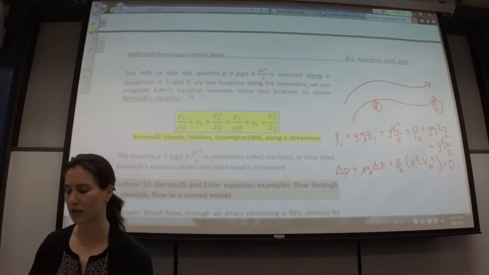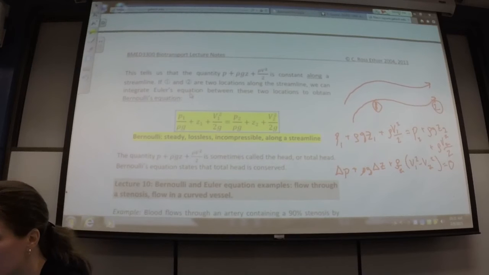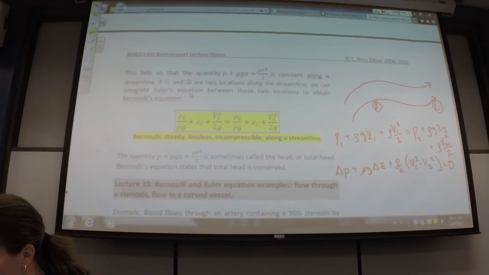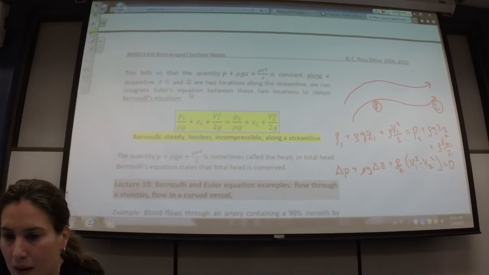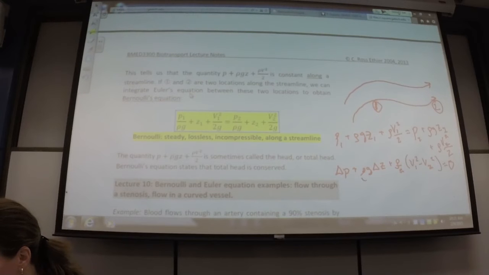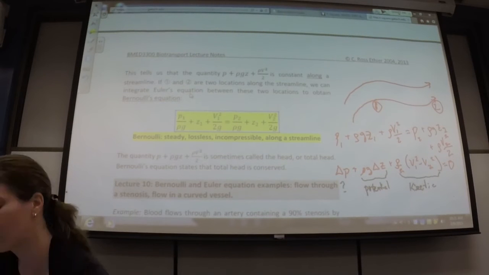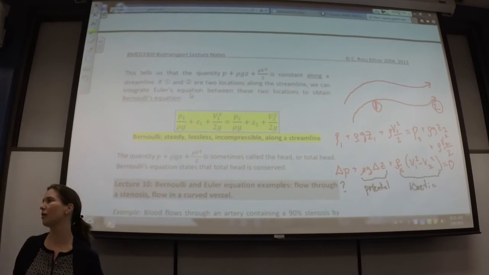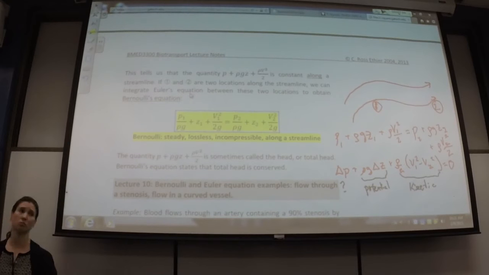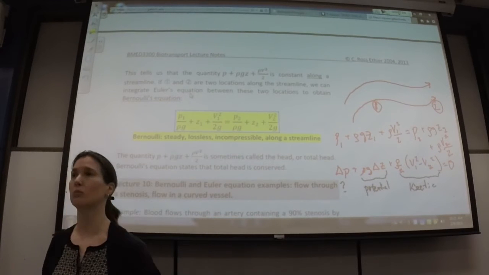If you think about this, right? This is like a rho GH. This is really potential. And this is kinetic. How can you have pressure or change in pressure be an energy term?